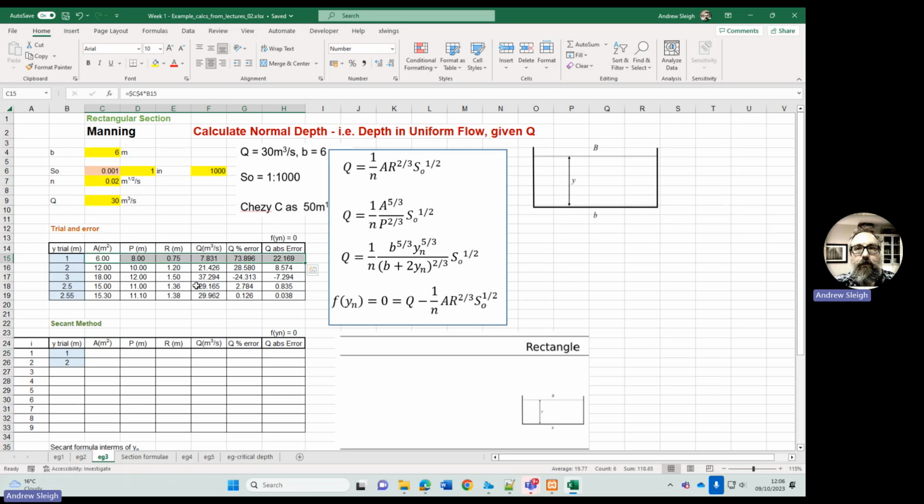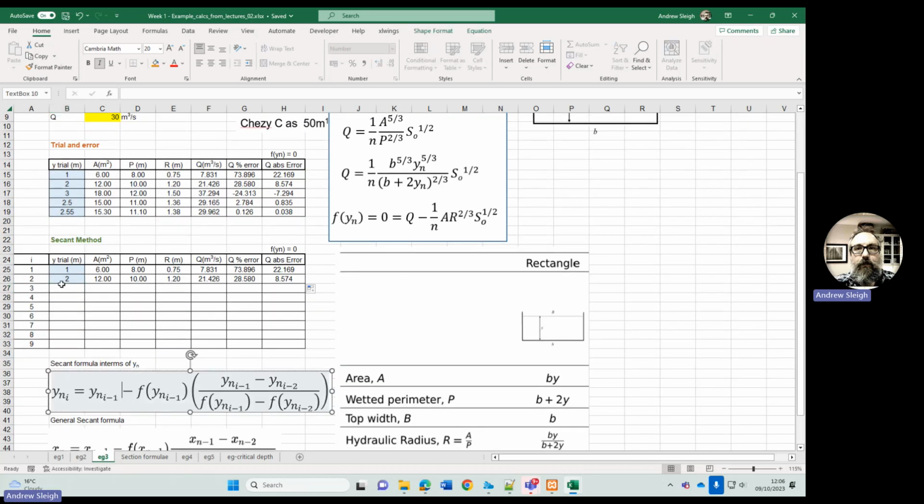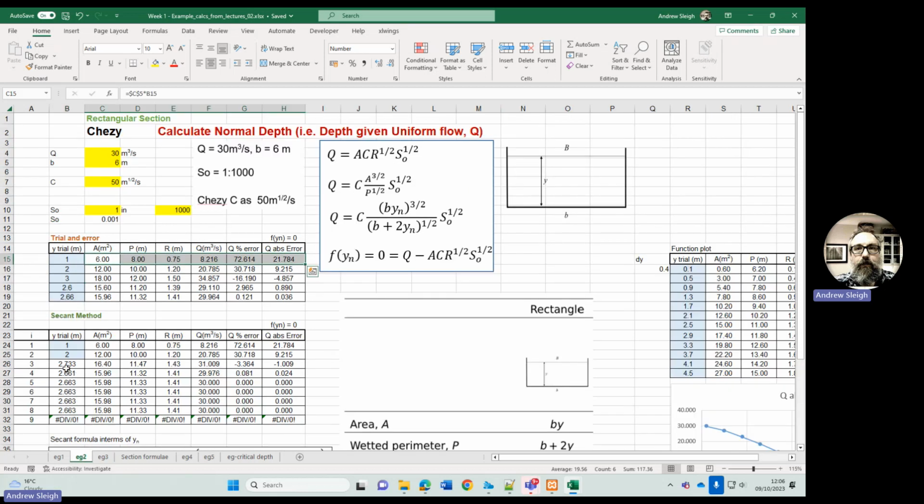Let's do the secant method to solve this. We can sneakily copy that top row from the table above, drag it down. We see that these numbers are the same, so we check they're okay. We need to put this secant formula in this cell here. And again, we can be a bit sneaky because it's exactly the same table.